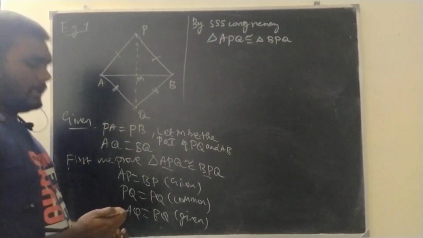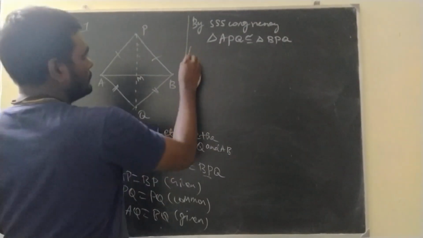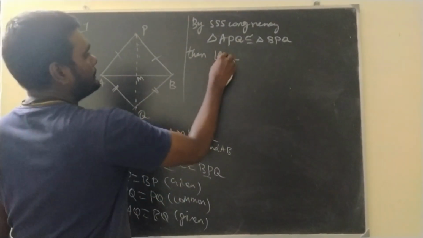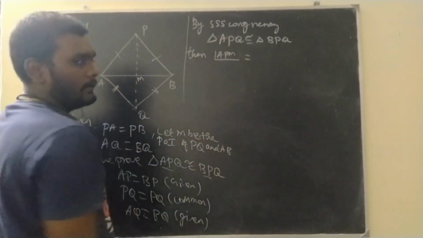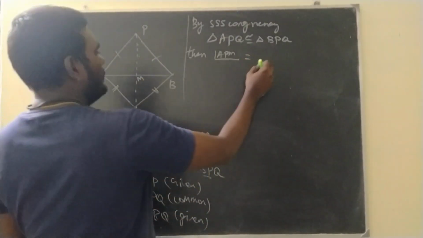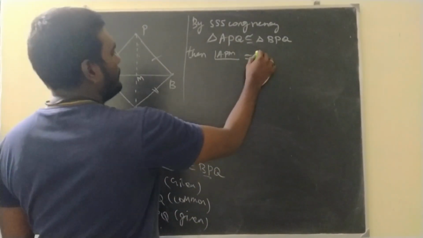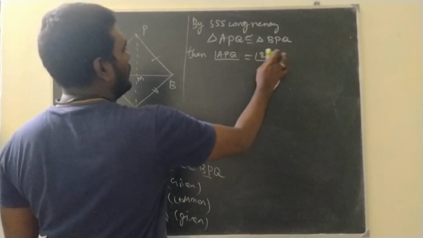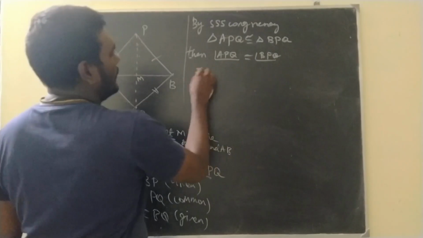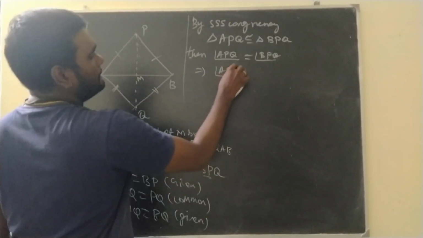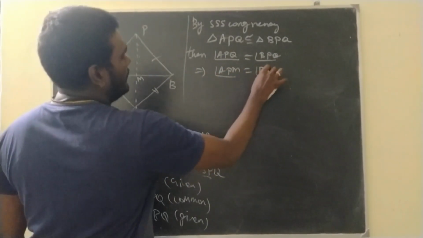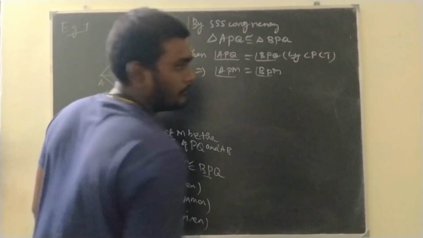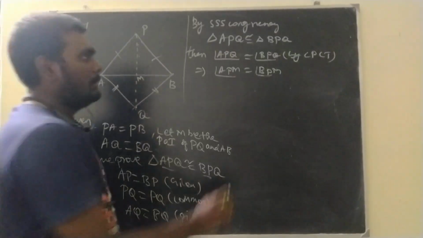Then we have this angle APM is equal to angle BPM. Actually APQ and BPQ, that implies APM and BPM. This comes by CPCT. Okay, we will mark it as 1.